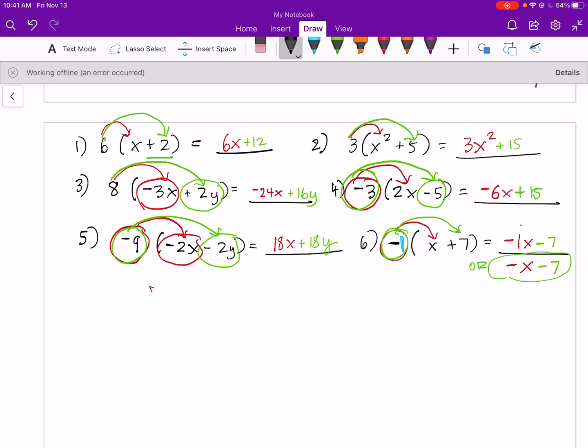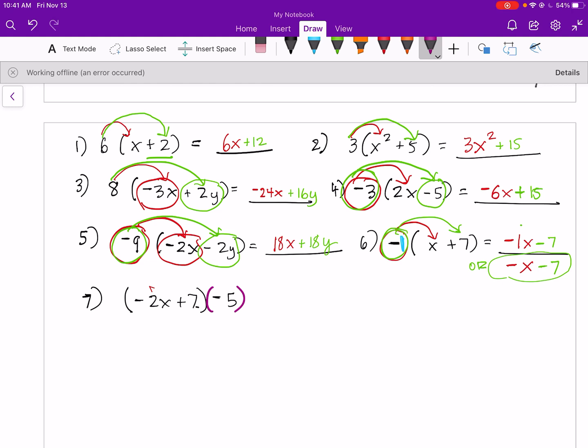All right, so let me change it just a little bit. 2 more. Number 7. What if I did something like this? Parentheses, negative 2x plus 7, and then I have a negative 5 afterwards. Now, sometimes you will see those. I do have to say that this probably isn't the best way to write it, because it almost looks like it's subtracting 5, but it actually means multiply. So technically, probably it would be best if it had some parentheses around it as well.